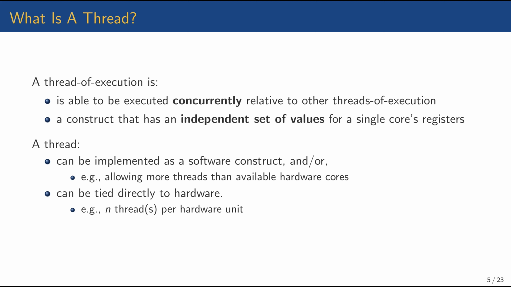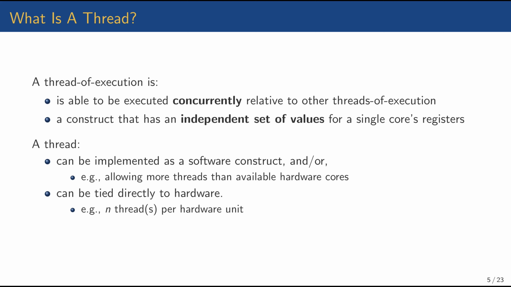What is a thread? Well, a thread of execution is something that's able to be executed concurrently relative to other threads of execution. Now, normally when you're talking about high performance stuff, you'll say, oh, we're going to run this in parallel. But it's better to use the word concurrently, because things are not always in parallel.